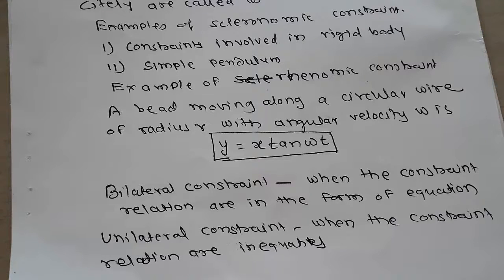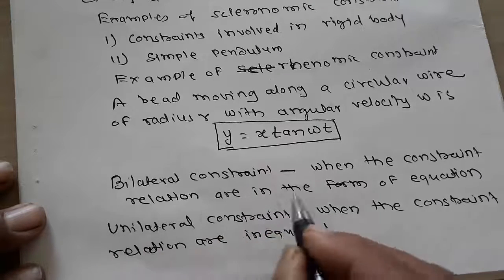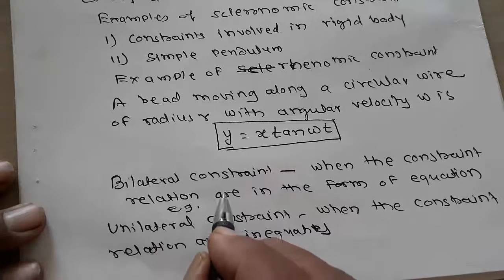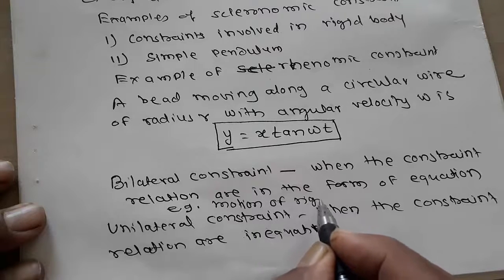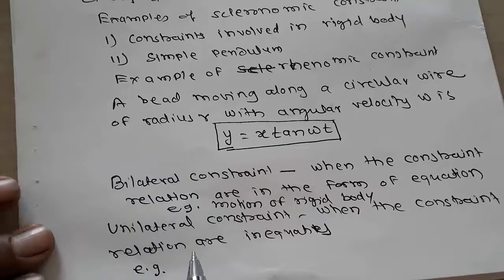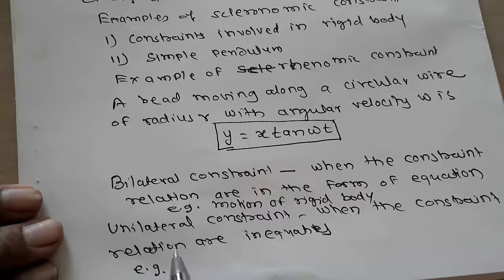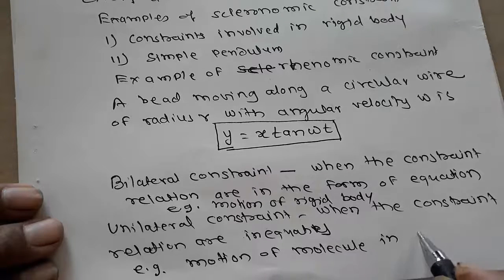Equality sign is not there in a unilateral constraint, and in a bilateral constraint there is an equality sign. Examples of bilateral constraint are the motion of a rigid body, and examples of unilateral constraint are the motion of a molecule in a gas cylinder or gas container.